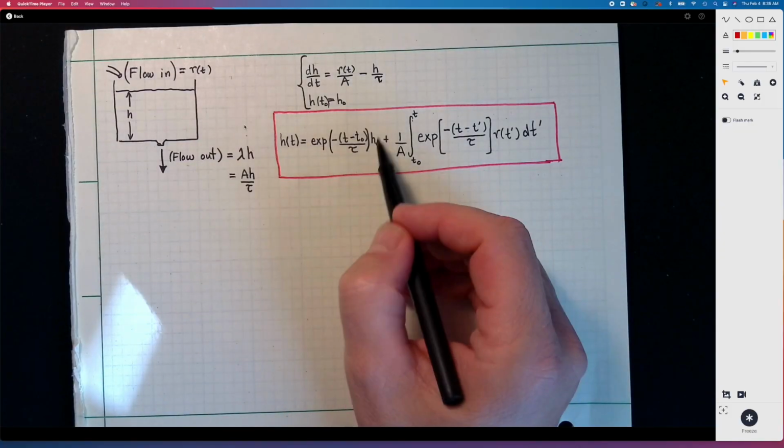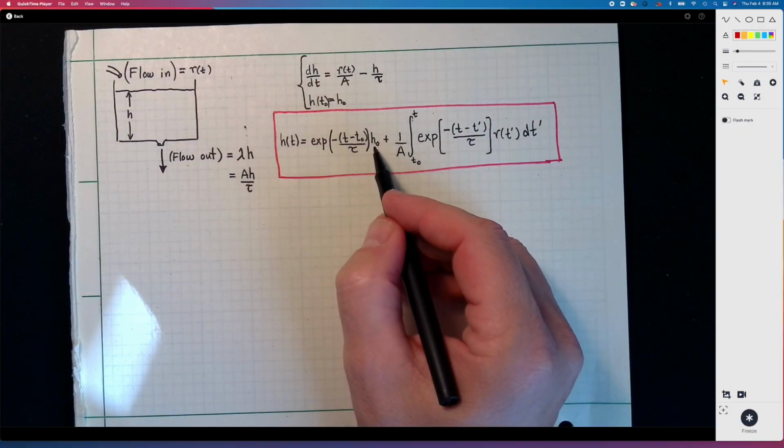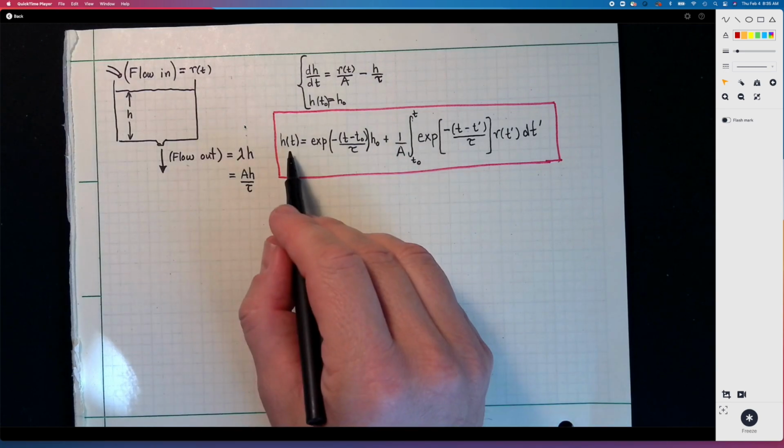The solution consists of two parts. This first exponentially decaying term propagates the influence of the initial condition on the final solution.